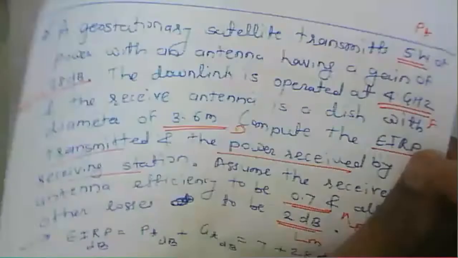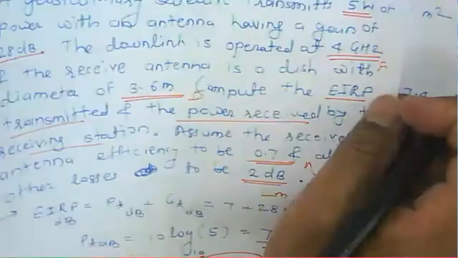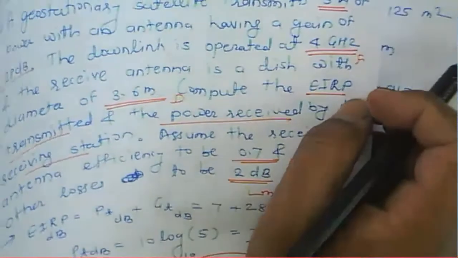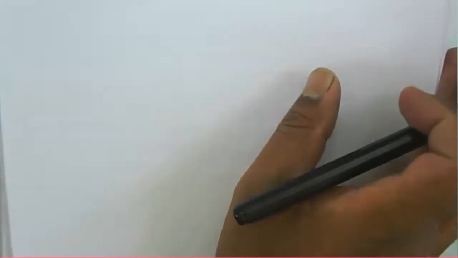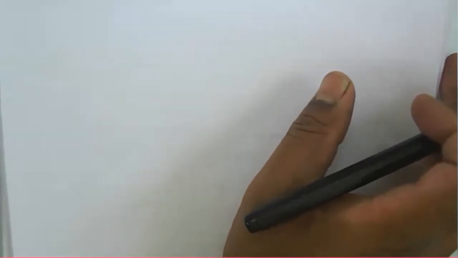The uplink frequency will be different, and then we need to calculate the power for all the antennas, and similarly you can calculate the gain of an antenna. If it is for a different antenna at a different frequency, then your answer will be different here.